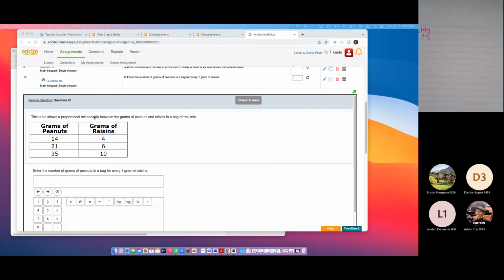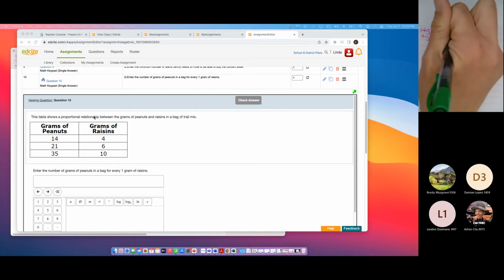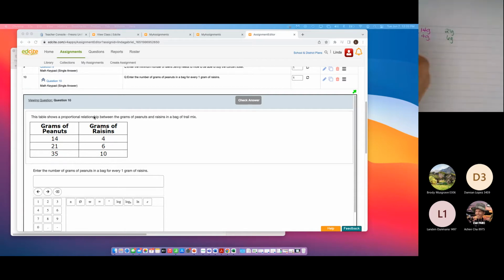Okay. My next value, that's going to be 21 grams of peanuts, and I have 6 grams of raisins.